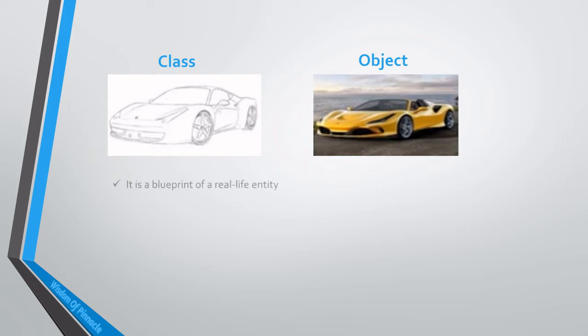So what is a class? Class is a blueprint of a real life entity, whereas object is an instance of the class. So class is the blueprint or a template of a real time example, we can say. Next, with respect to a class, it consists of data and methods.